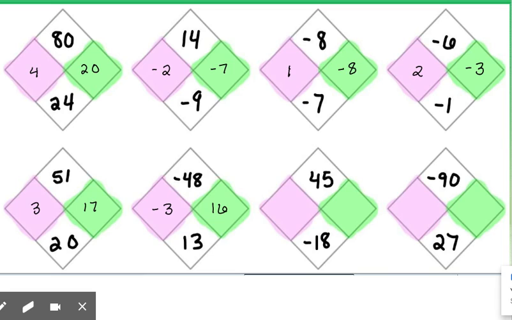For the seventh one, I should have negative 3 times negative 15. Negative 3 times negative 15 is 45. Negative 3 plus negative 15 is negative 18. And last, but definitely not least, I should have negative 3 times 30. Negative 3 times 30 is negative 90. Negative 3 plus 30 is positive 27.